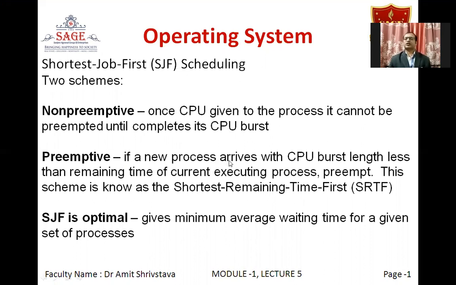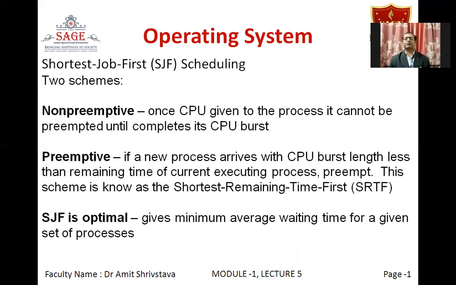So in the shortest job first algorithm, we give the priority to that process which has got the lower or smaller CPU burst. So if a new process arrives with CPU burst length less than the remaining time of the current executing process, then the current executing process will be preempted.